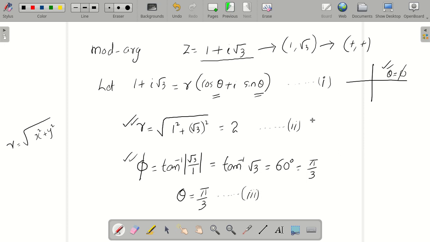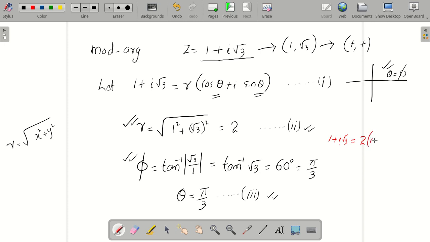Okay, so if you use equation 1, 2 and 3, we get the answer. And what's the answer, my friends? 1 plus i root 3 is equal to, what's the value of r? 2.